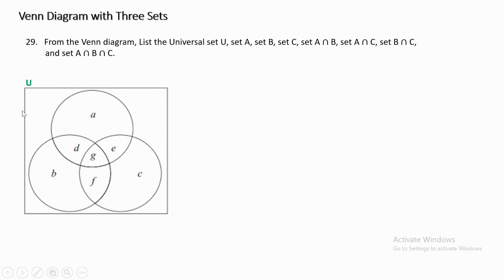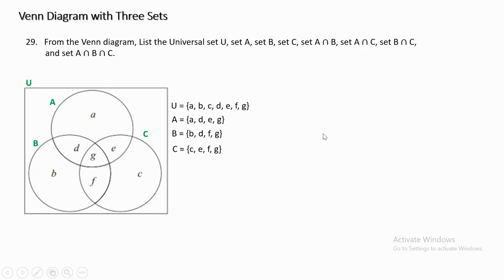So set U is going to be A, B, C, D, E, F, and G. That's my universal set. Set A contains A, D, G, E. Set B contains B, D, F, G. And set C contains C, E, F, G.